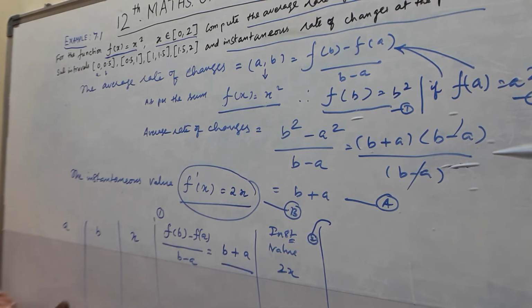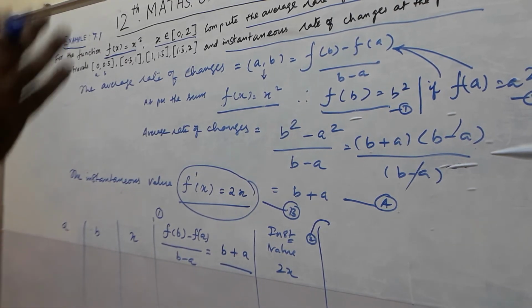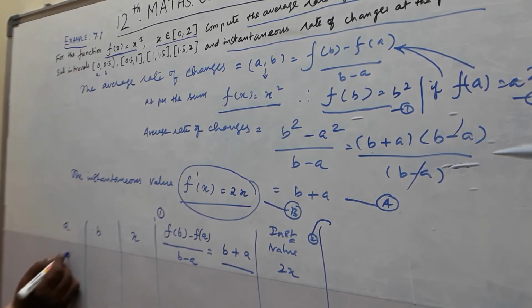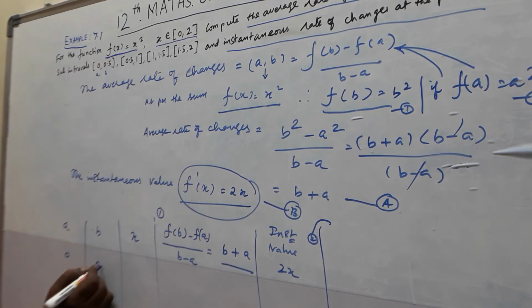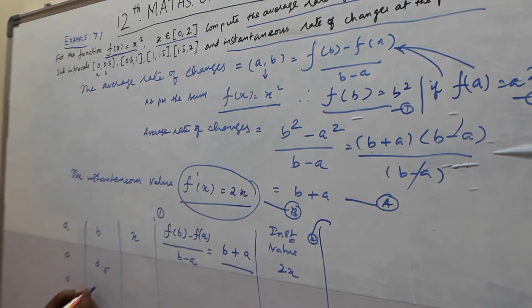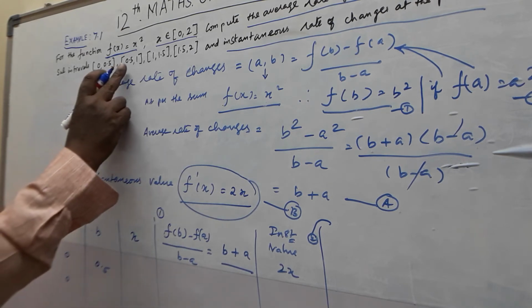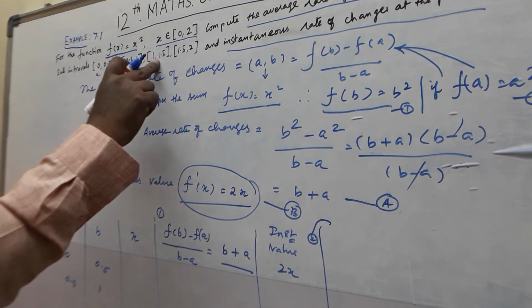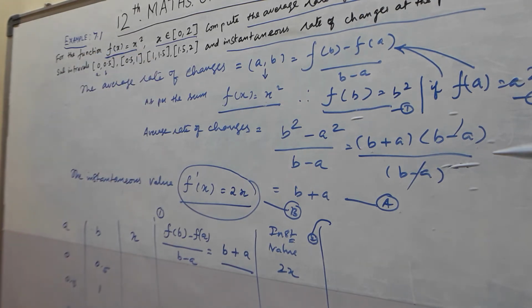That's a very simple sum. So now let us assume first a value 0 and b value 0.5. Second, 0.5 and 1. Then 1 comma 1.5.